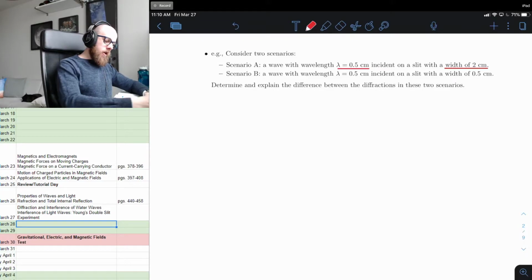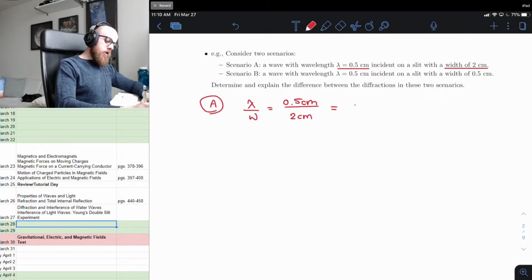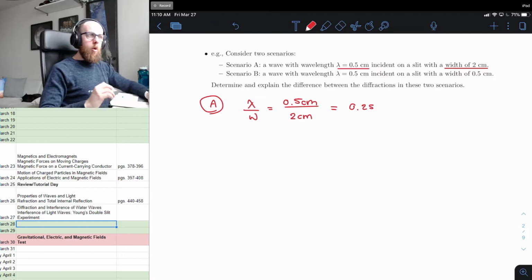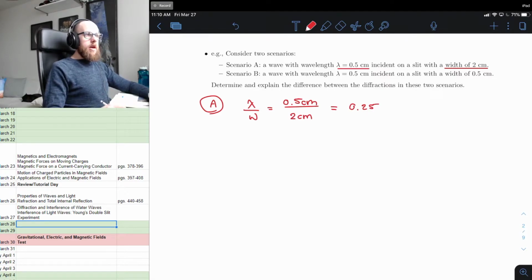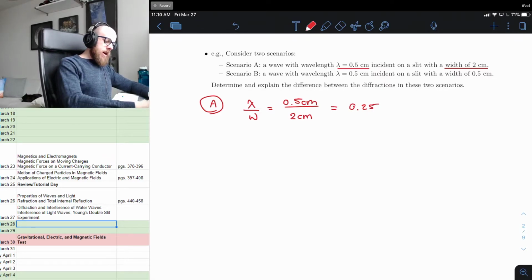If we first tackle scenario A, when we calculate the ratio of the wavelength over the slit spacing, that is 0.5 centimeters over 2 centimeters, we get a ratio of 0.25, or 1/4.